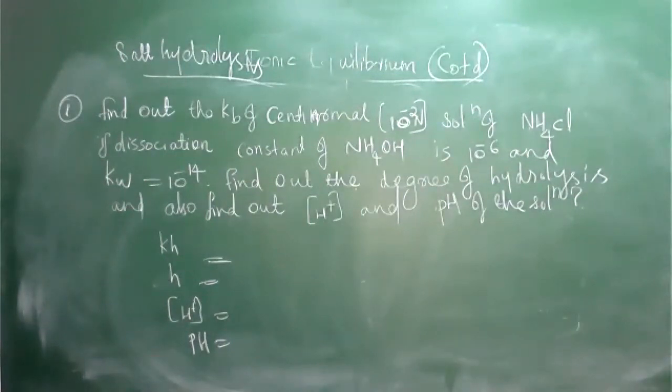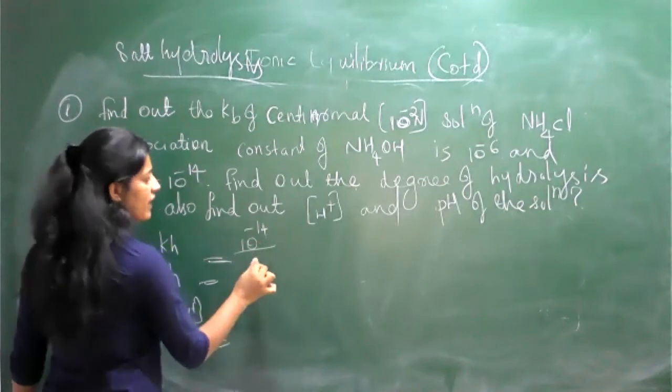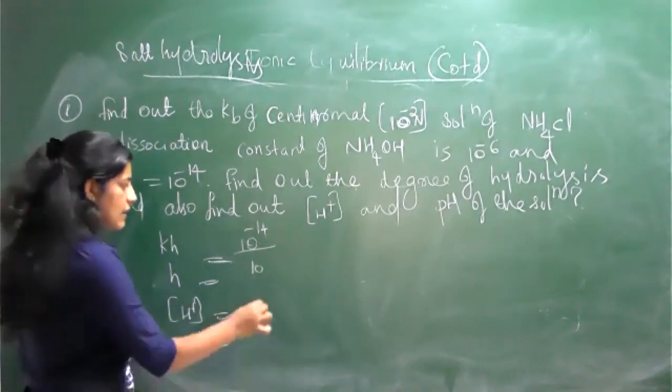Tell. Kh value? Kw divided by Kb: 10 to the power minus 14 upon 10 to the power minus 6.